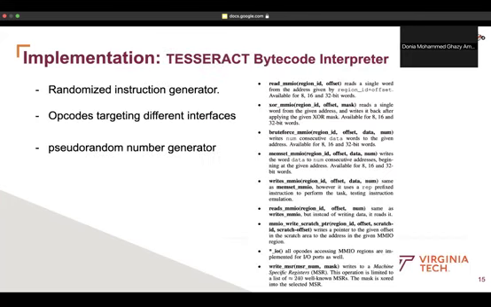For the interpreter, it is a randomized instruction generator for multi-dimensional fuzzing. It implements opcodes targeting the core interfaces, and uses a pseudo random number generator for deterministic test case execution.